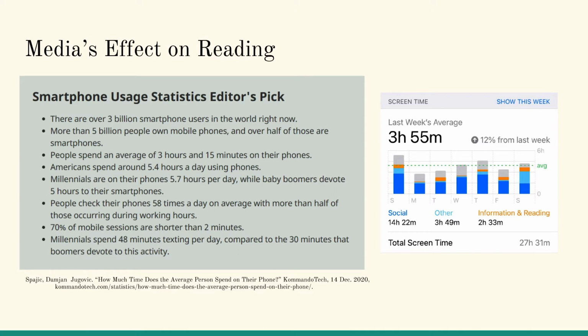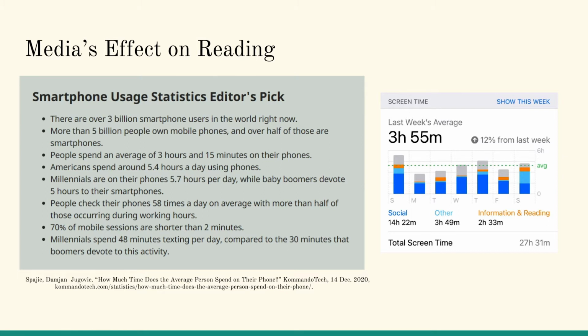While millennials do use their phones 5.7 hours per day, that number doesn't drop drastically for older generations. In fact, baby boomers devote 5 hours of time each day to their smartphones, to their devices.